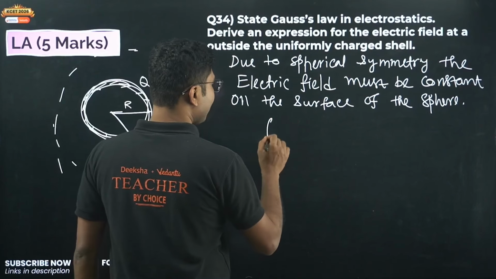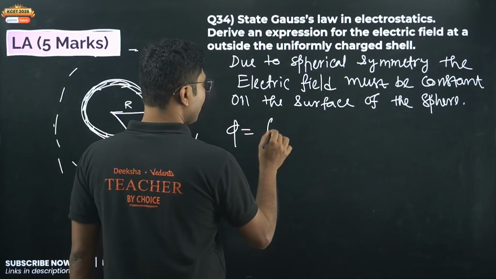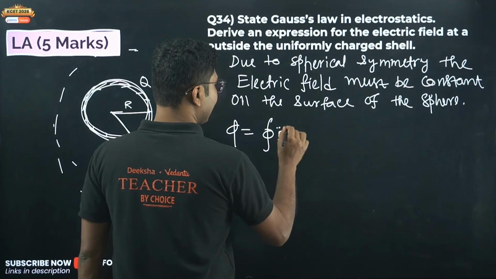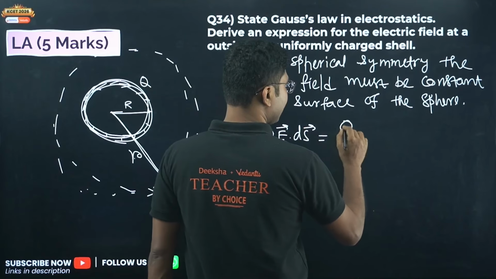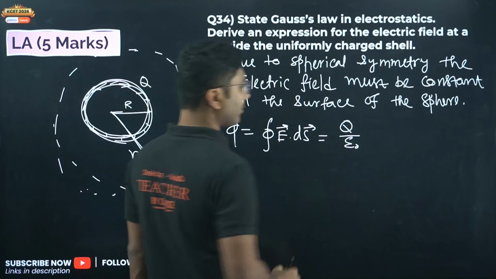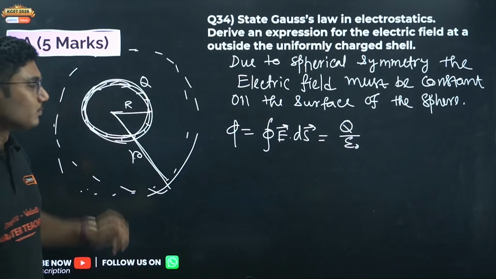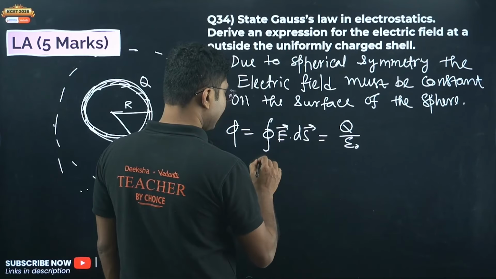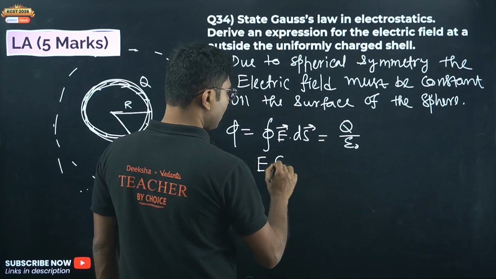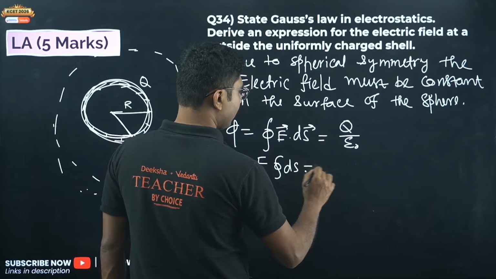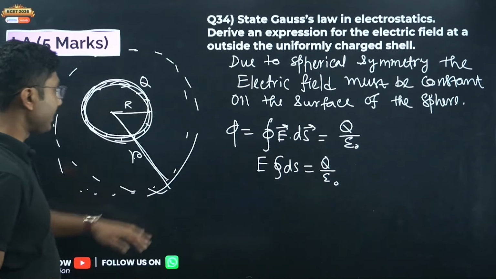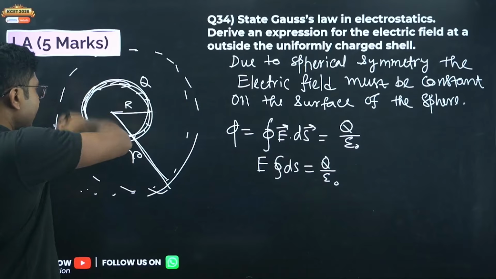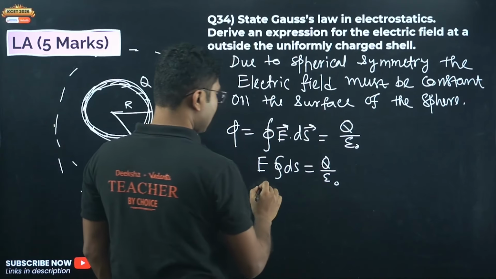The only thing that you have to do: flux phi equals closed integral E dot ds equals charge enclosed divided by epsilon naught. Charge enclosed is already mentioned. Now, due to spherical symmetry, E is constant, so it will come out: E times closed integral ds equals q by epsilon naught. Now what is ds? ds is the surface area of this outer sphere. What is the surface area of a sphere?